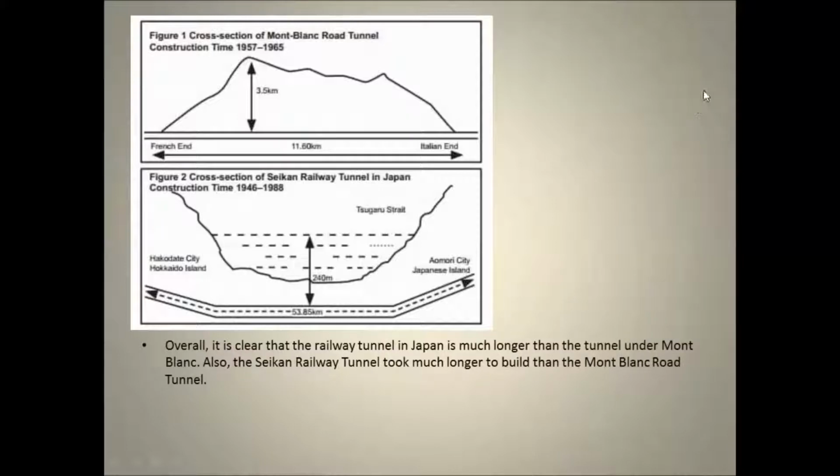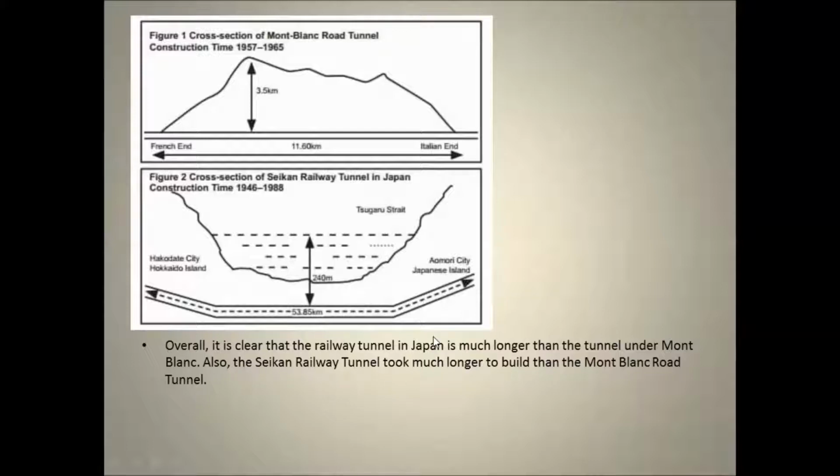Then the next thing that we have planned is to write the overall description or the overview. So there you can use the word overall and a comma. It is clear that the railway tunnel in Japan is much longer than the tunnel under Mont Blanc. Two different features.